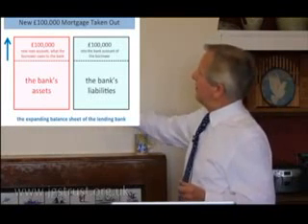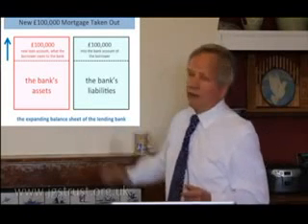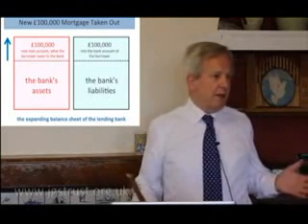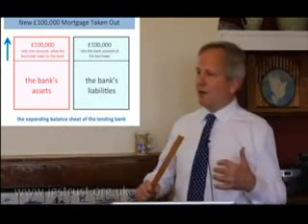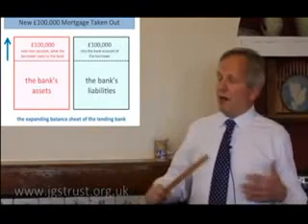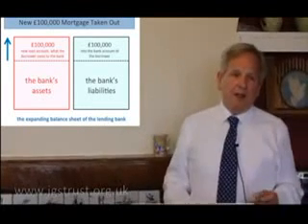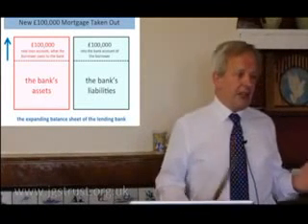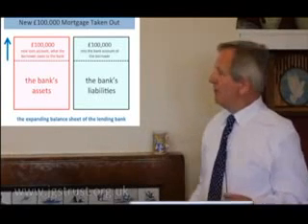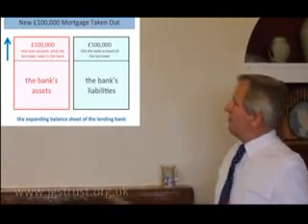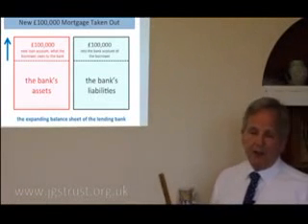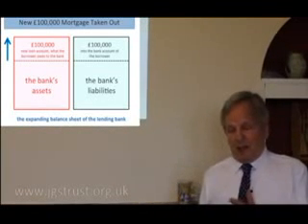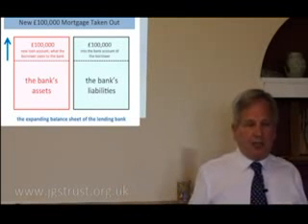The bank's assets go up 100,000 because this person who walked in the door now owes the bank £100,000, which wasn't owed to the bank before. So the bank's got £100,000 extra assets to what it had before the event. How is that balanced? Well, the borrower, the person who took out the loan, has £100,000 in his current account.